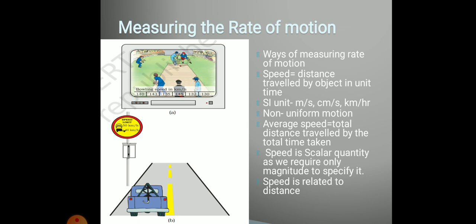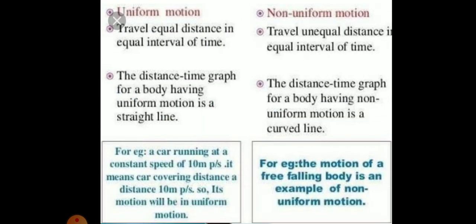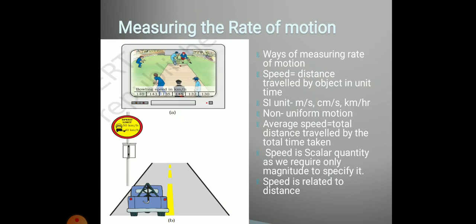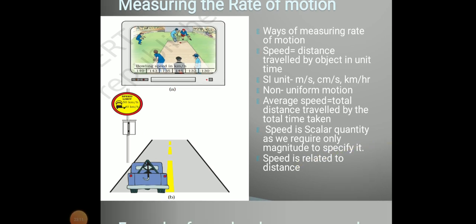Therefore, we describe the rate of motion of such objects in terms of their average speed. So we can say average speed is equal to the total distance traveled divided by the total time taken.